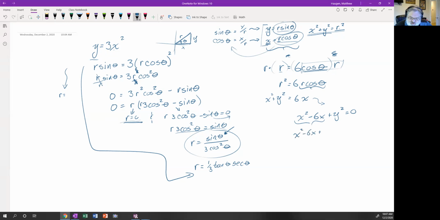You guys remember completing the square? Take half of that term and square it. Might have been a while. Got to add that same thing to both sides. So that's a perfect square. Factor it as such.